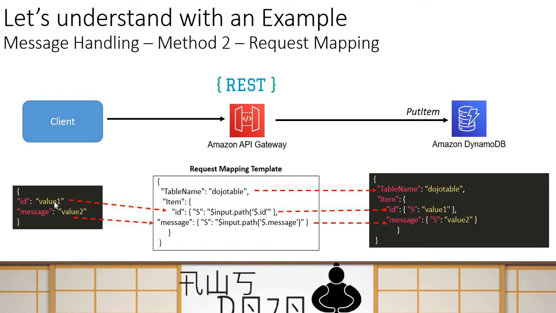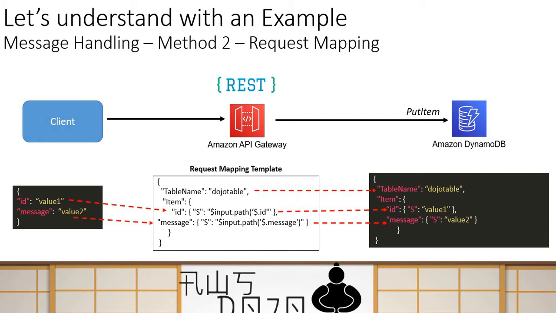In this case, even this ID information need not be passed by the client. The client can simply pass the message, and then this template can read the context of the API call to create its own ID. So this template is smart enough to read information from the API runtime context also and make use of that information.